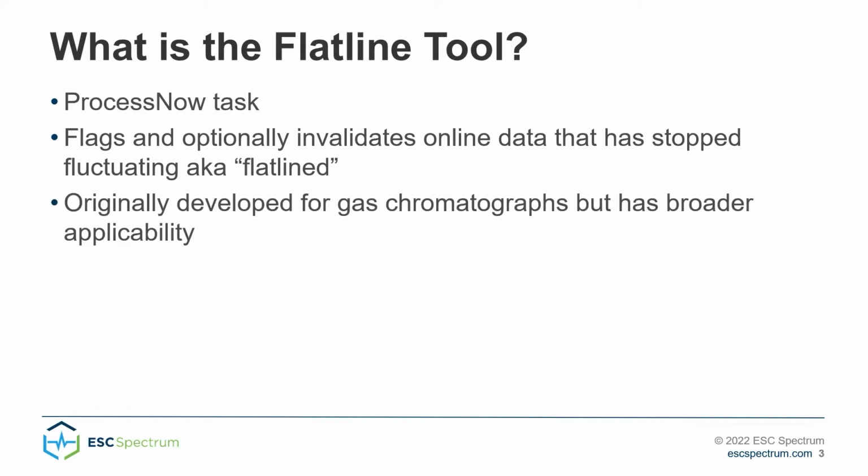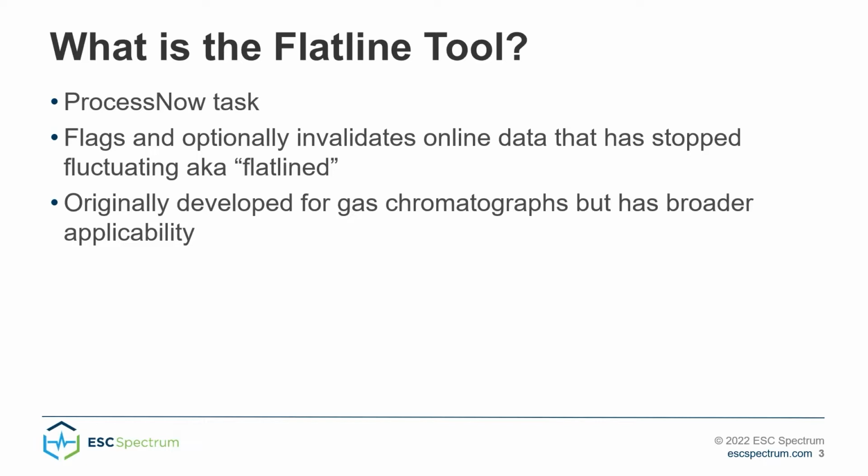So this was originally developed for gas chromatographs, more as a feature for our refining and petrochemical users, but it has a broader application across the industry into power gen as well.